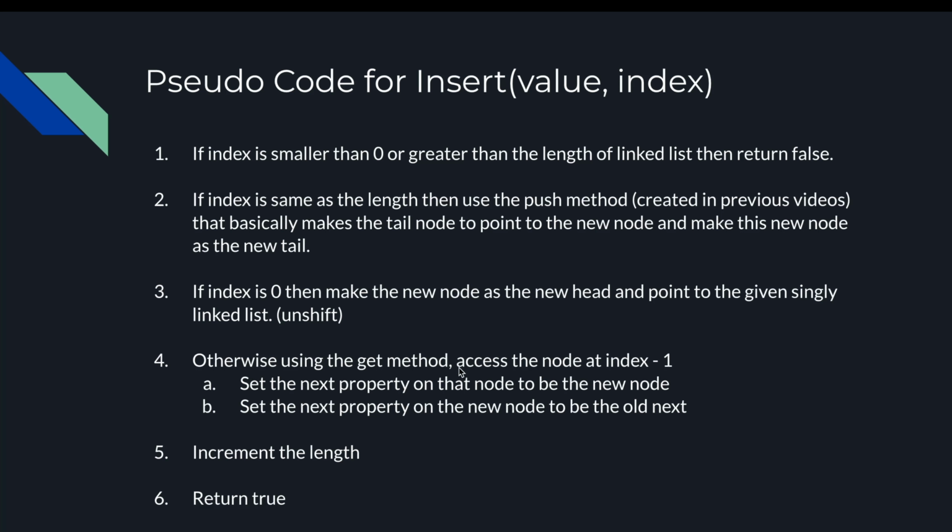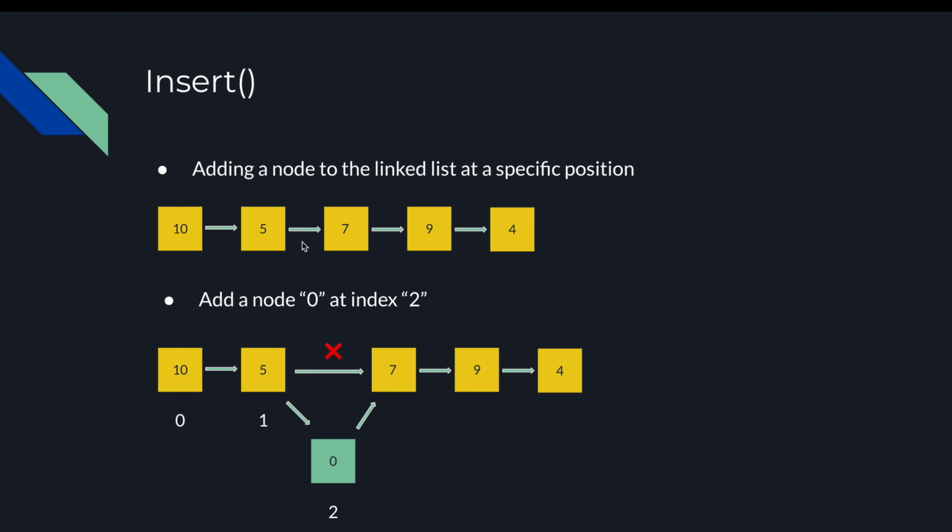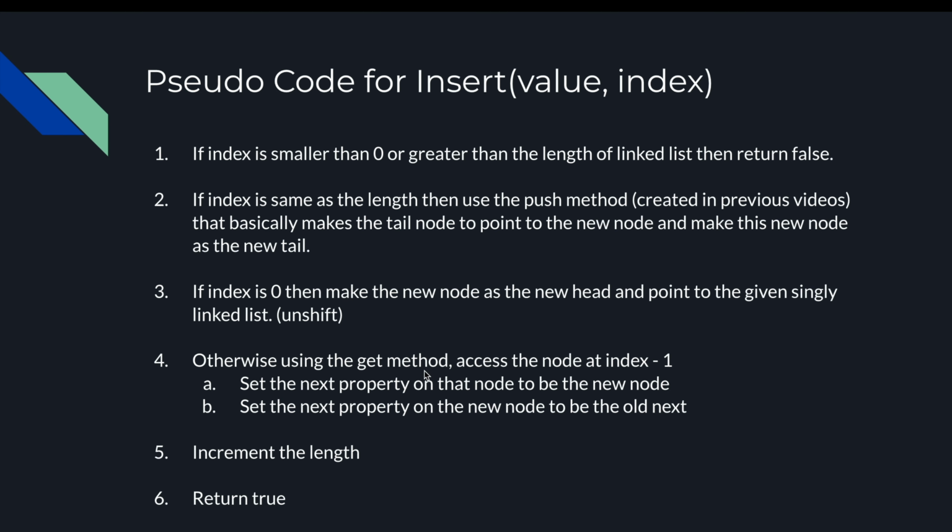For that, what we need to do is access the node at index -1. The same thing which we saw here in our visual example, where we need to add the node 0 at index 2. For that, we accessed the node at index 1, which is index -1, right? Now the same thing we have to implement here, and after that set the next property on that node to be the new node.